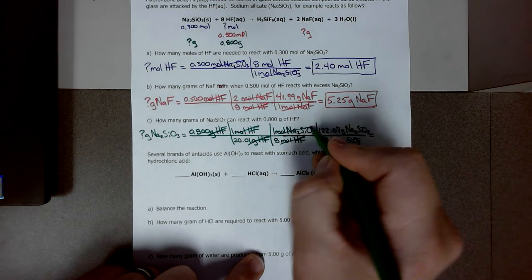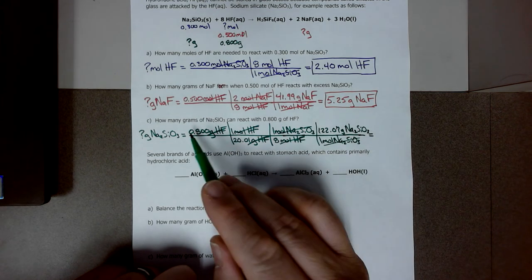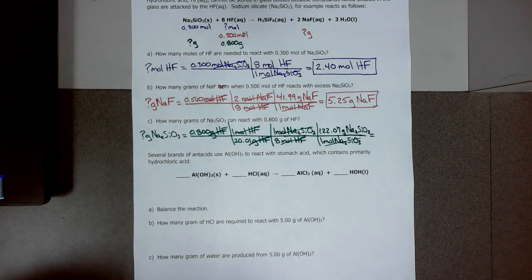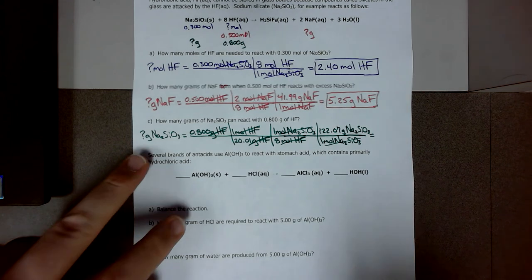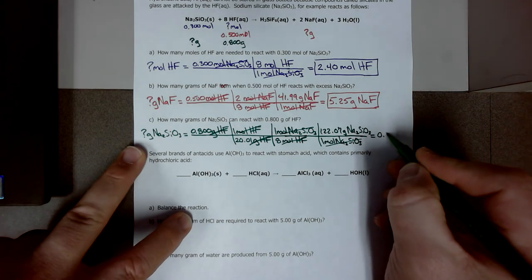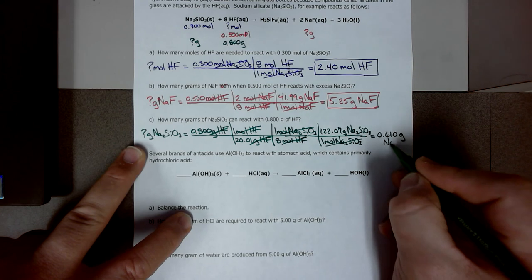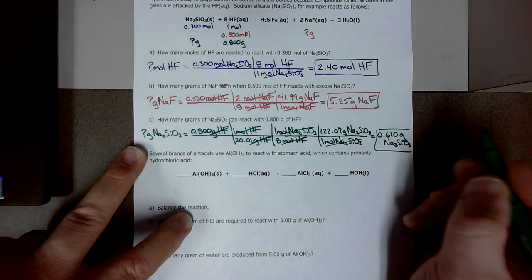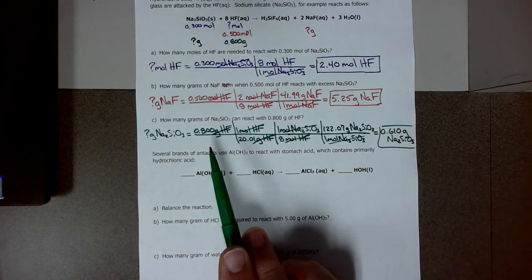Moles cancel, and I've got grams, and that's what I'm looking for. So it's 0.8 times 122.07 divided by 20 divided by 8, and that should come out to be 0.610 grams of the sodium silicate. So that says I need 0.61 grams to react with the 8 grams of HF.